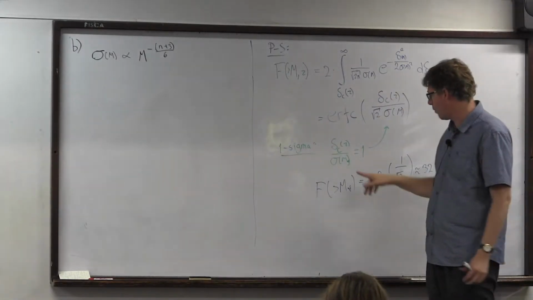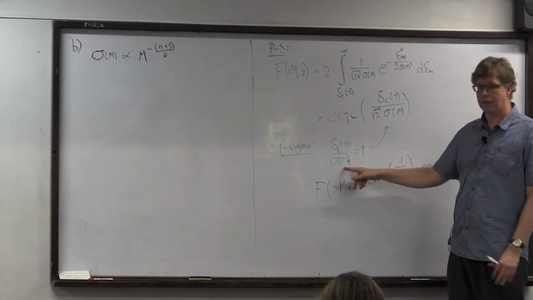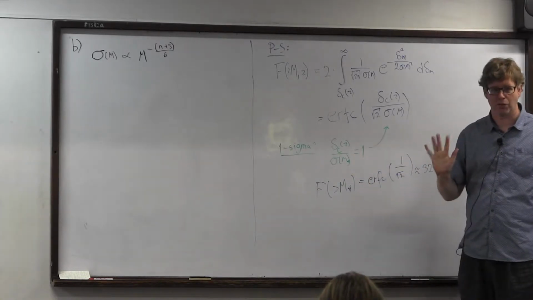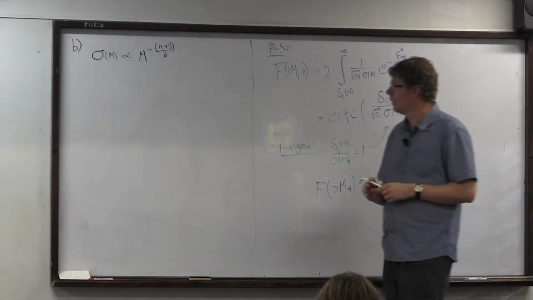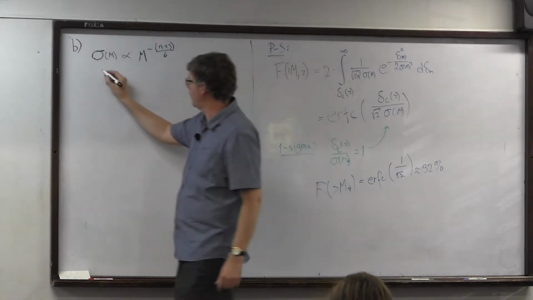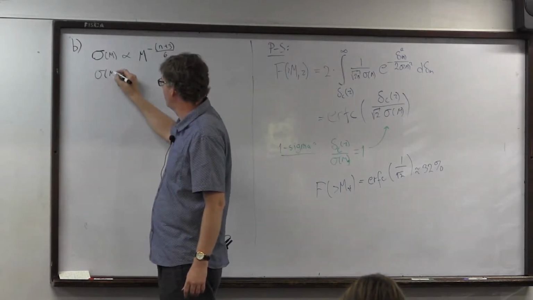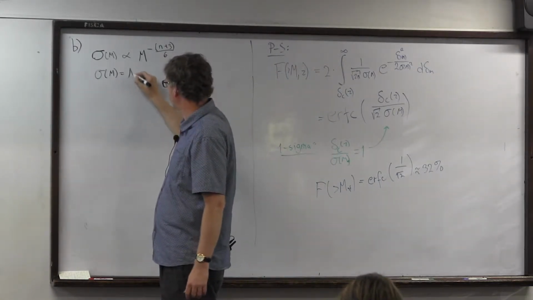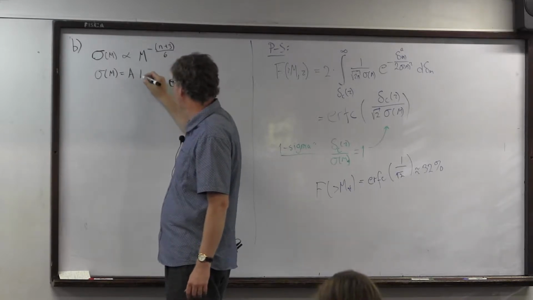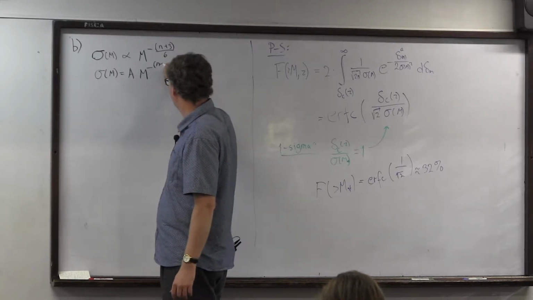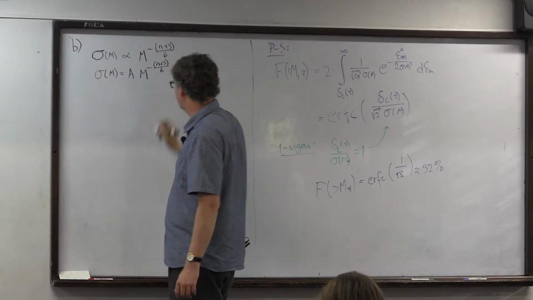Okay, so that's the first thing. The second thing, of course, is this. So let's just write this out first, just to see what this means. So then I will have to write this sigma of m is some constant, I don't know what it is, m to the minus n plus 3 over 6.